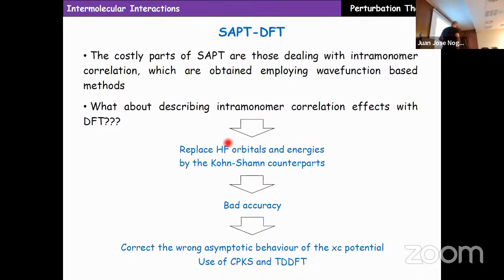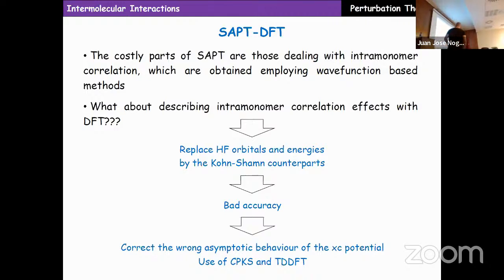But if we do this also for the second order terms, since in DFT we don't include long range electron correlation, our dispersion and induction, but especially dispersion, are not very good. I don't obtain good results.